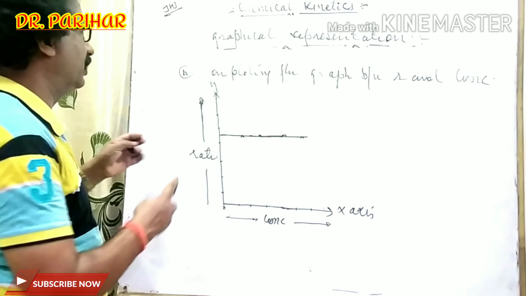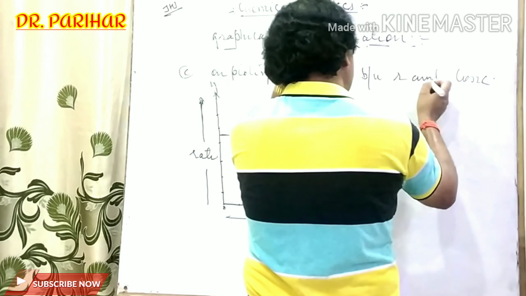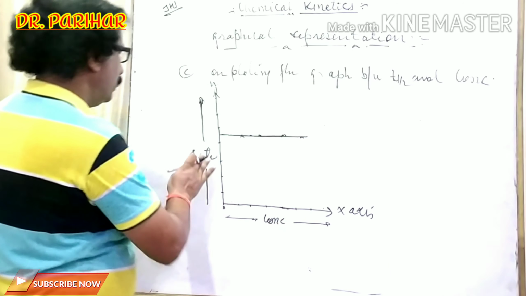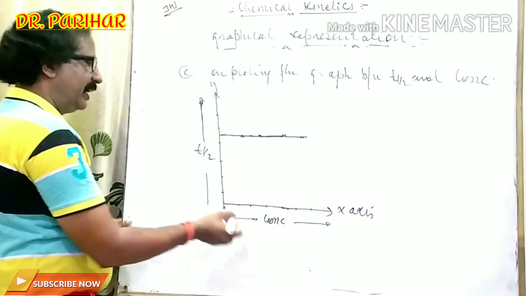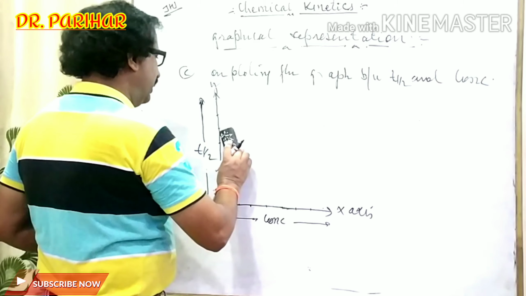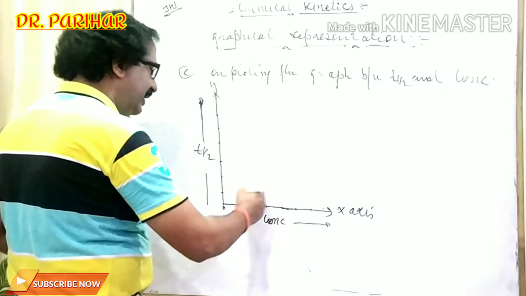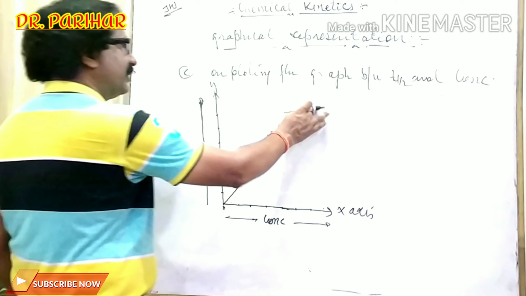And one more, the third condition. Now I am plotting a graph between T half and concentration. Here we have taken the value of T half, meaning half-life period, and here we have taken concentration. Then under this condition, as the concentration increases, T half will also increase.